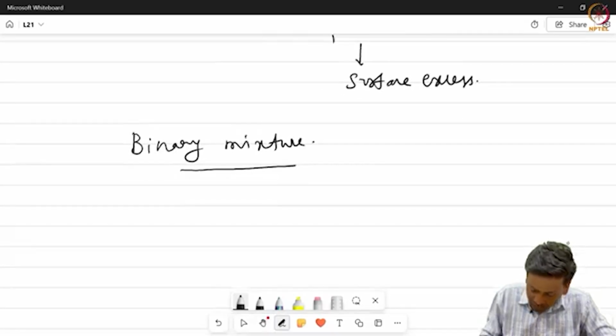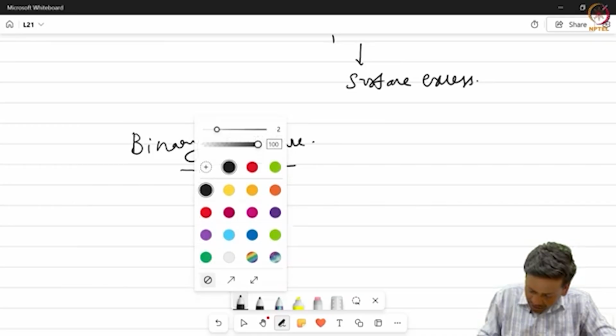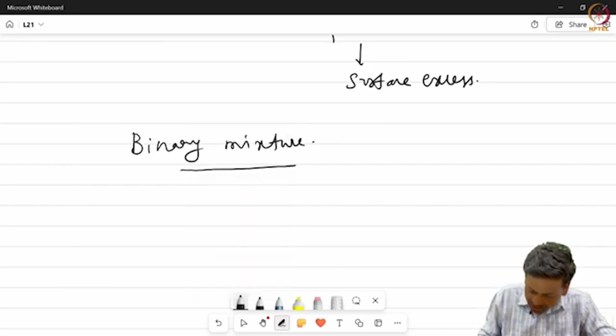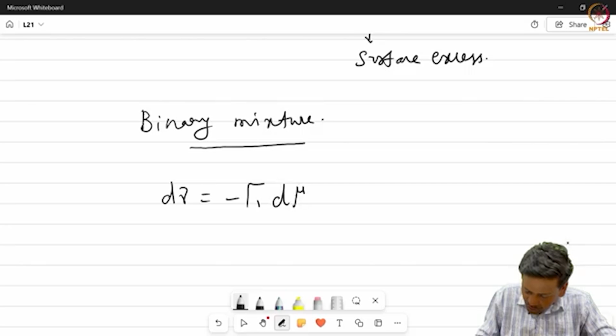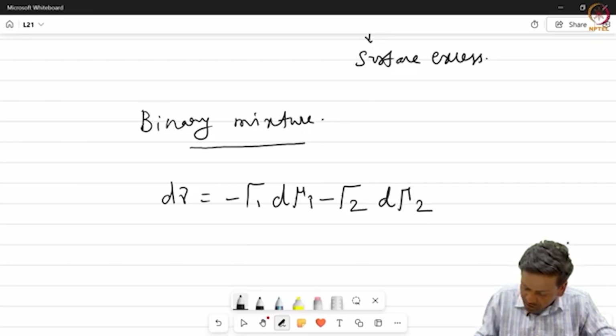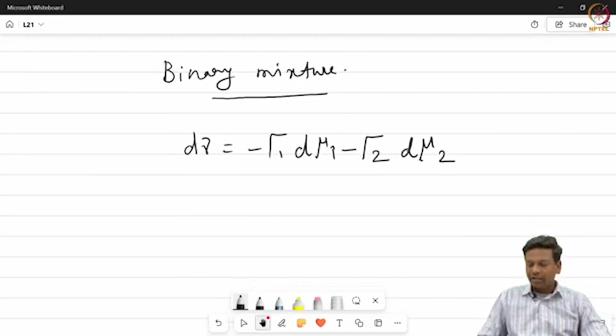You can explicitly write this equation as: d gamma is going to be minus gamma 1 d mu 1 plus minus gamma 2 d mu 2, right, d mu 2. So, this is for the binary.